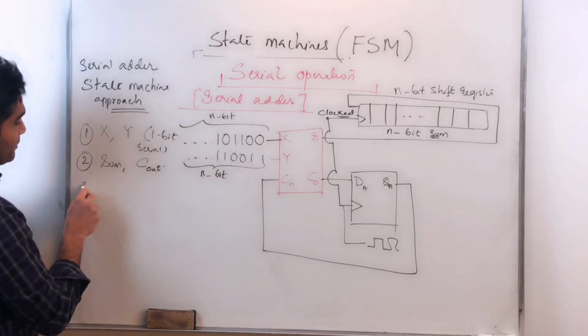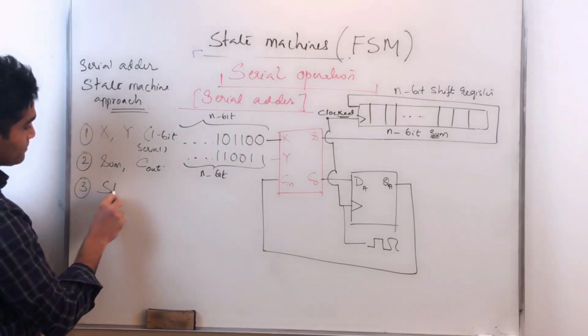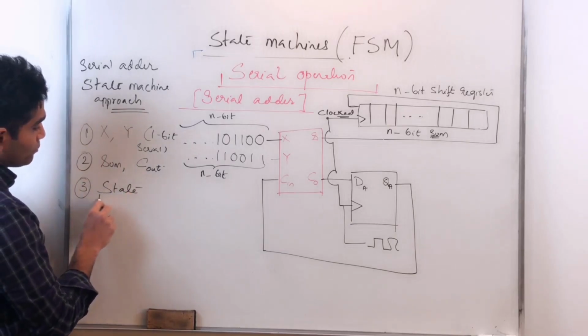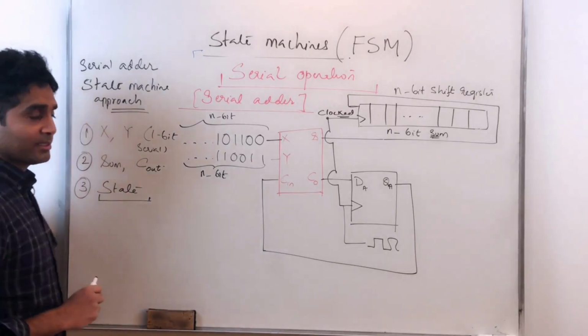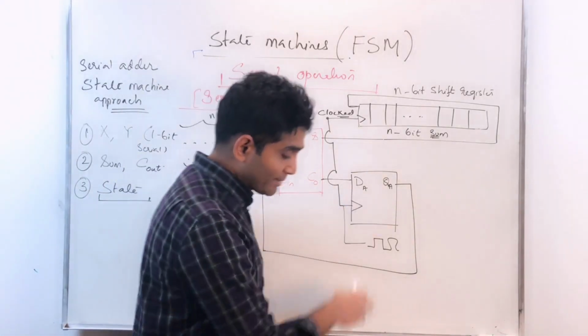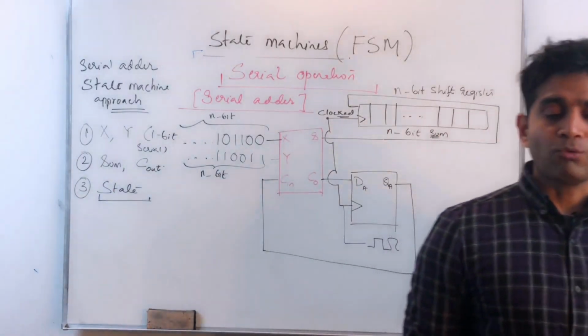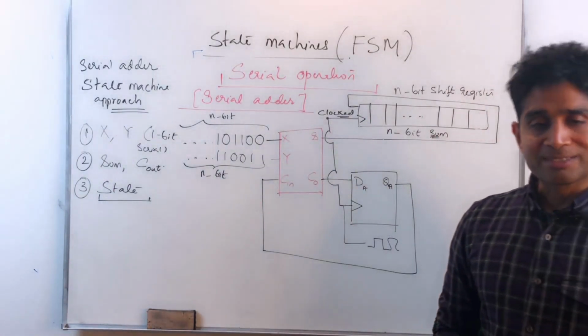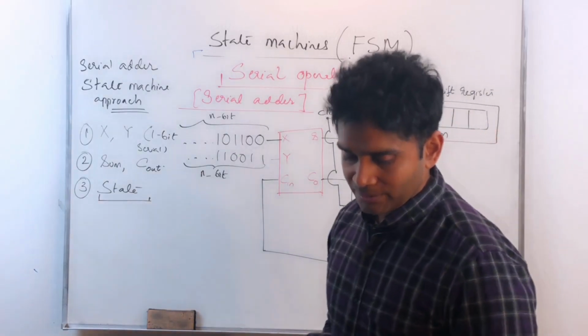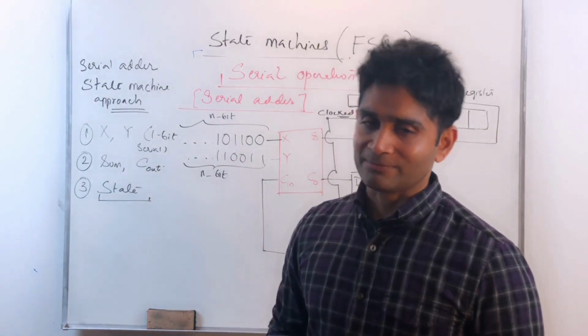Okay. Now the state. What constitutes the state? How do I define it? Again, you have the clue right there, right? What constitutes a state when I'm trying to design a serial adder? And how many states should I have?